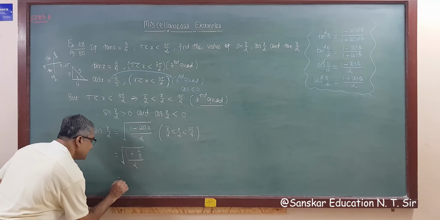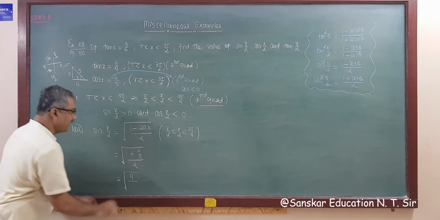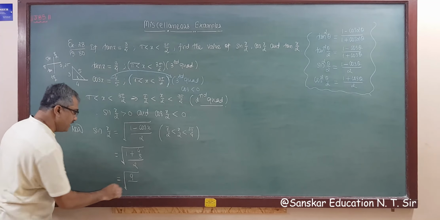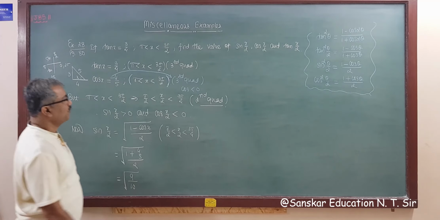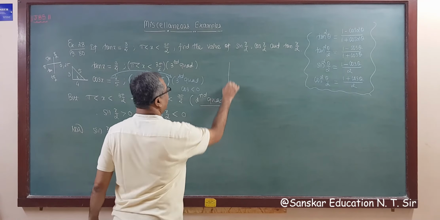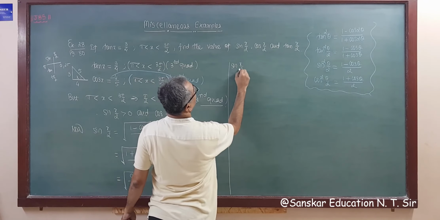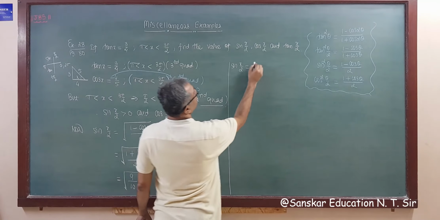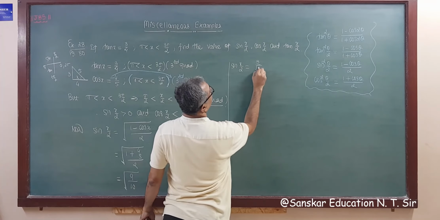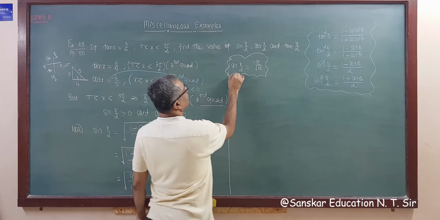So this is square root of 9 divided by 5 into 2, 10. So square root of 9 is 3. So we get sin x by 2 is equal to 3 by root 10. That is our first answer.